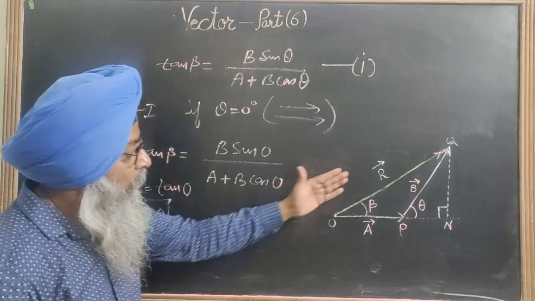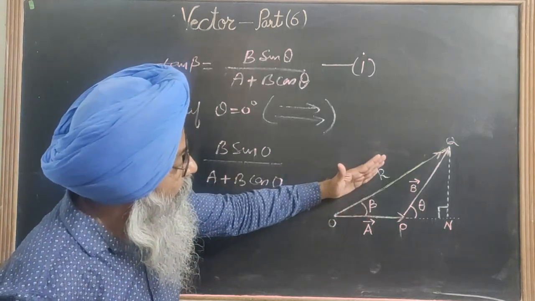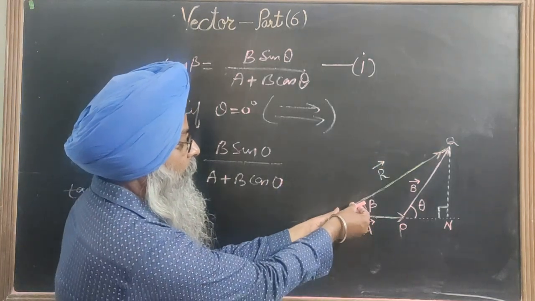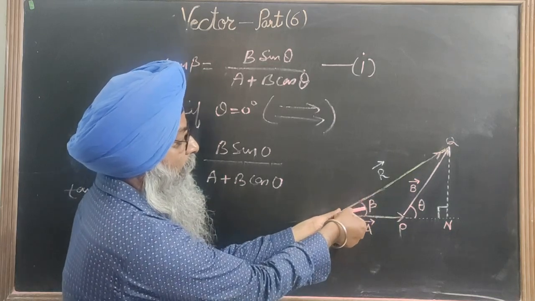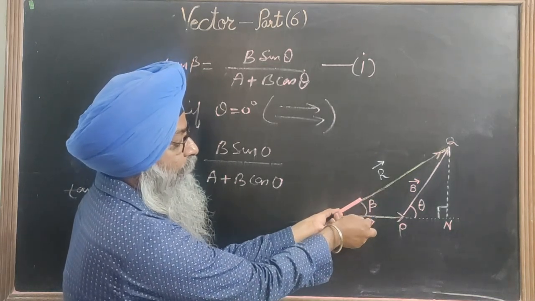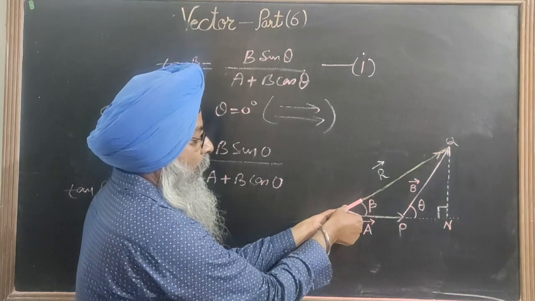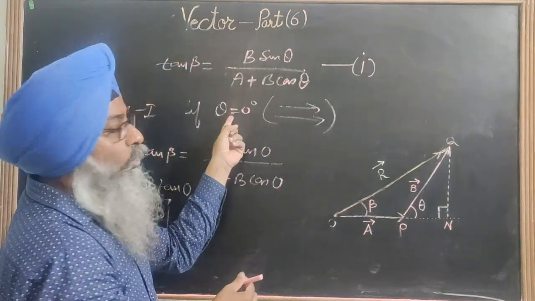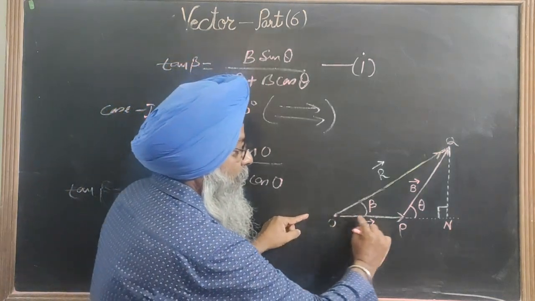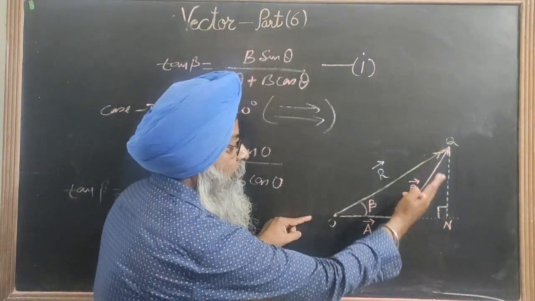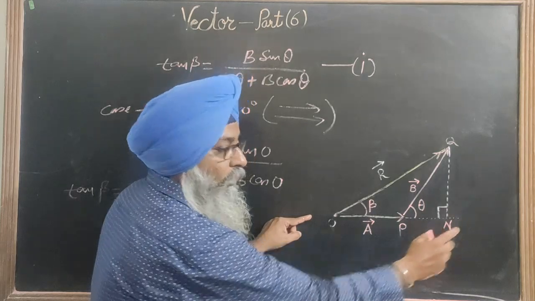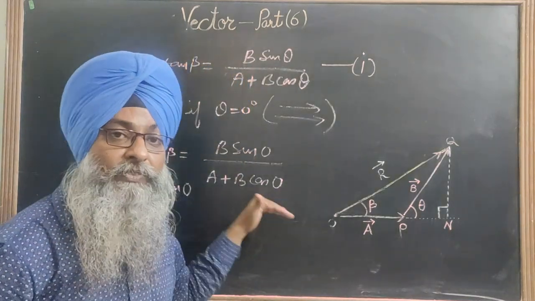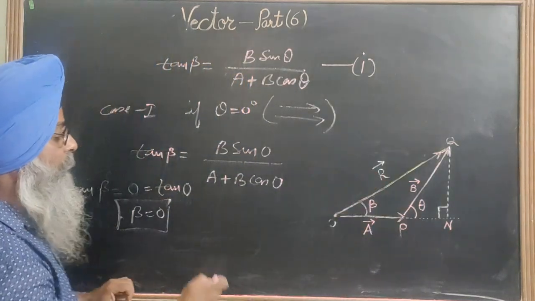What does it mean? Beta 0 means the direction of R will be along A. Theta 0 means if A is along this direction, B is also along this direction, then the resultant vector will also be along the same direction.